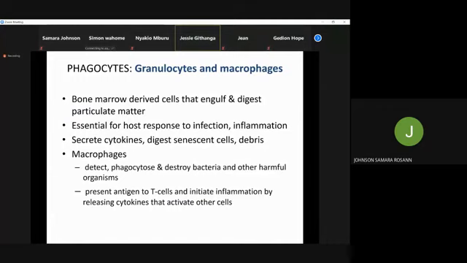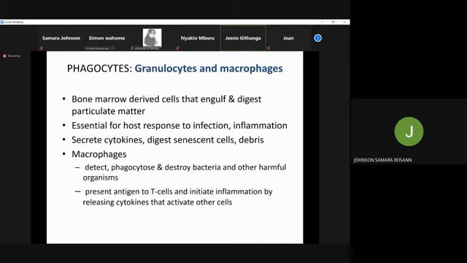So once there is infection or inflammation, cells are quickly recruited to the site so that there is a rapid mounted response to infection or inflammation.